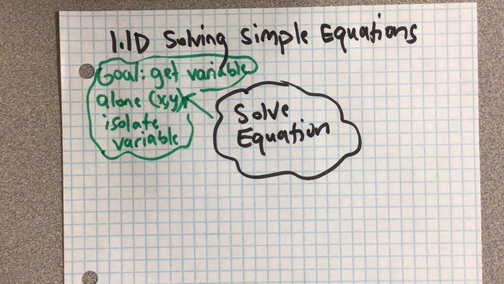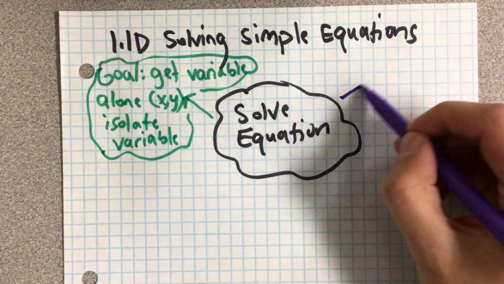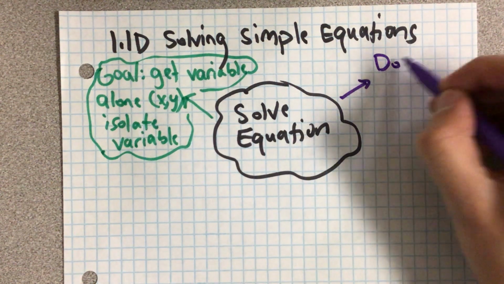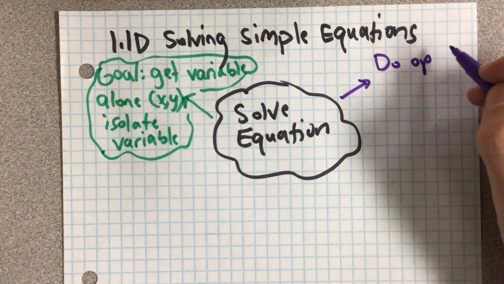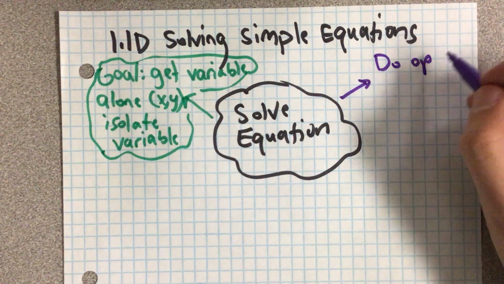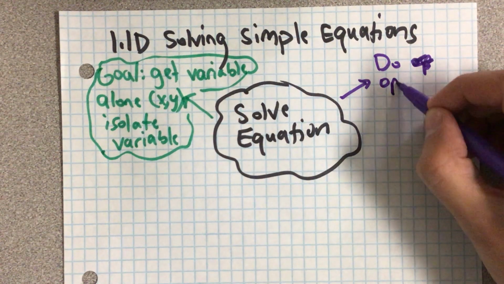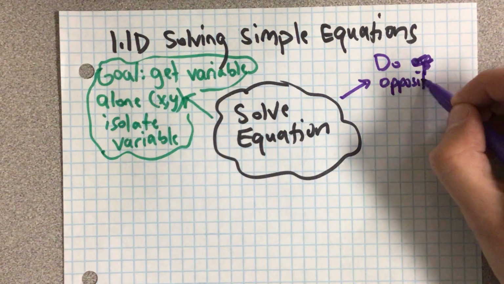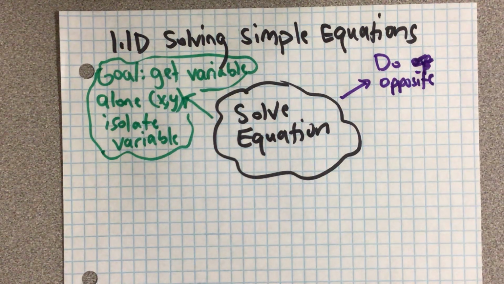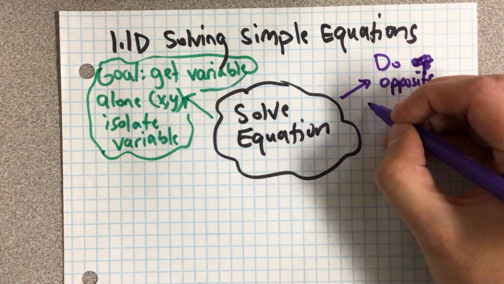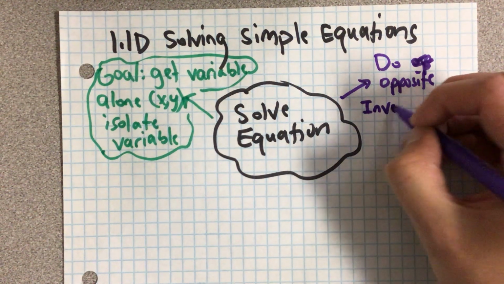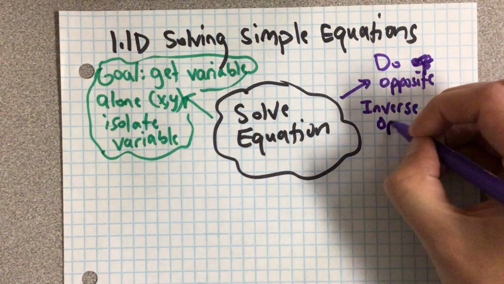Now, there are a number of very important properties to how we do this. One of them is do the opposite. This means that we are doing opposite operations. So this is inverse operations.